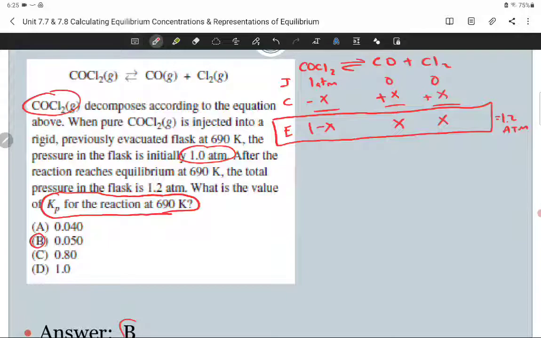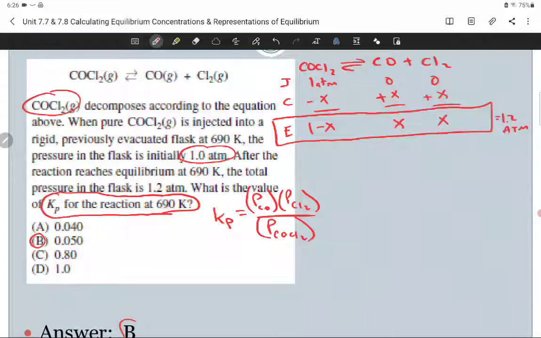I don't know if you can figure this out yet, but we will now know the equilibrium concentrations. And by the way, why do we need the equilibrium concentrations? So we can plug them into our Kp expression. If I am completing this multiple choice question, I probably wouldn't write all of these things out, and you certainly don't have to on a multiple choice question.